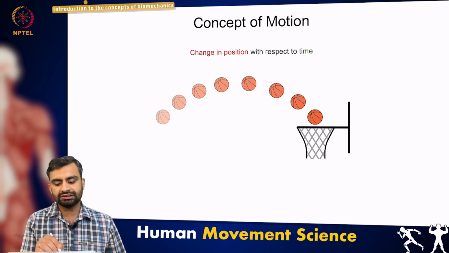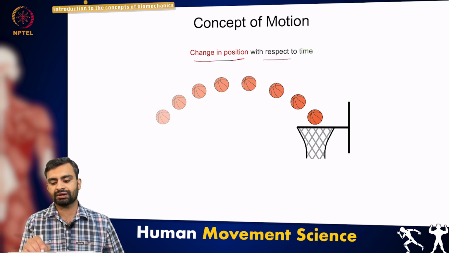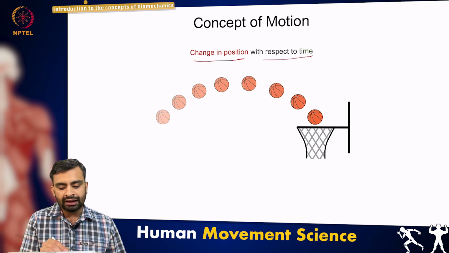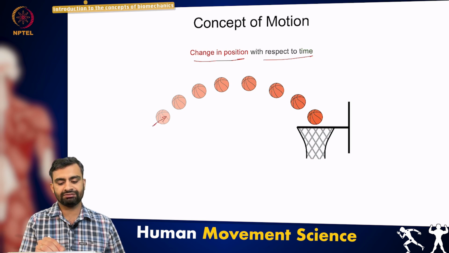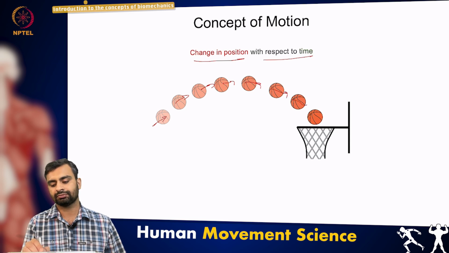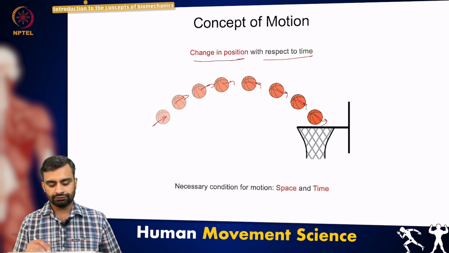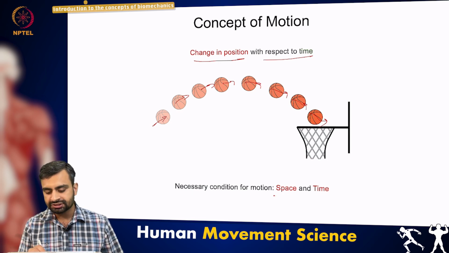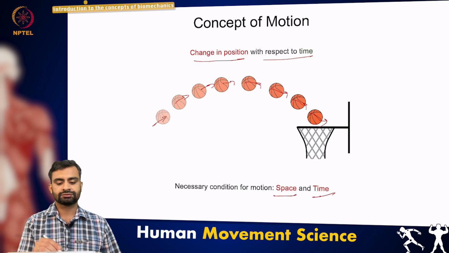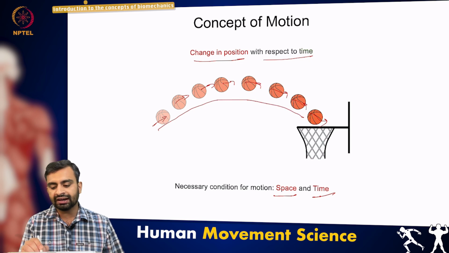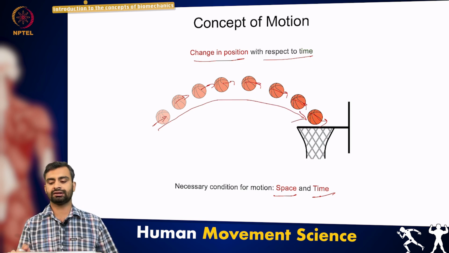Motion is nothing but change in position with respect to time. An athlete might have thrown a ball from this location, and with time it followed this path towards the basket. So the necessary conditions for motion to occur are space to move and time required to complete the event itself.